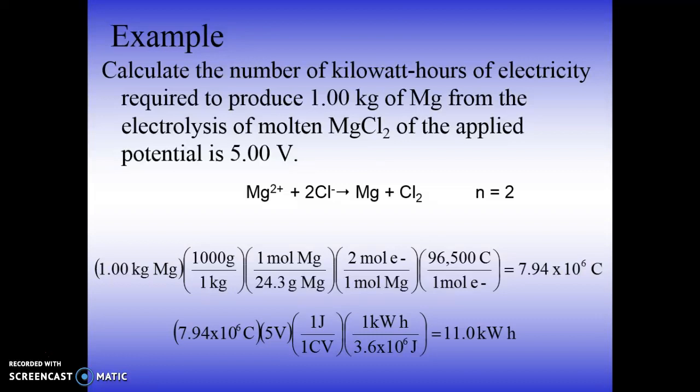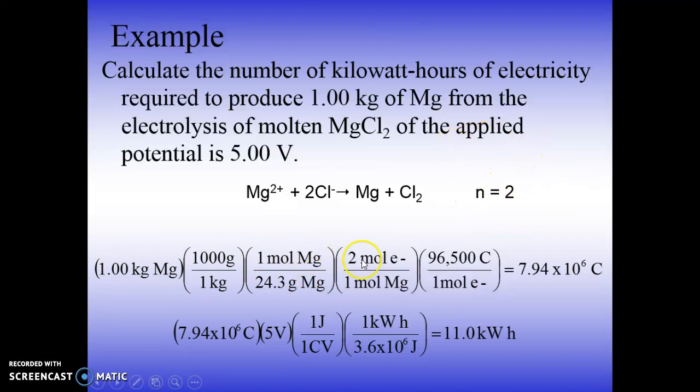If the potential is 5 volts. So, look at what we got. We've got this equation that involves, we don't really have to write the half reactions. We know that there's 2 electrons moving, and that's really all we want to worry about. So we've got the mass. We're going to convert that into moles of magnesium.